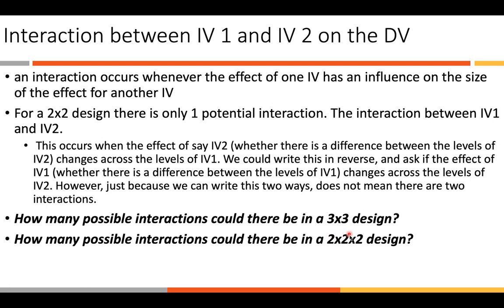Variable 1 can interact with variable 2, so that's one interaction. Variable 1 can interact with variable 3, so that's 2 interactions. Variable 2 can interact with variable 3, so that's 3 interactions. And then we can have a 3-way interaction where all 3 variables interact with each other, meaning we have 1 interaction, 2 interactions, 3 interactions, 4 total interactions when we add a third variable.